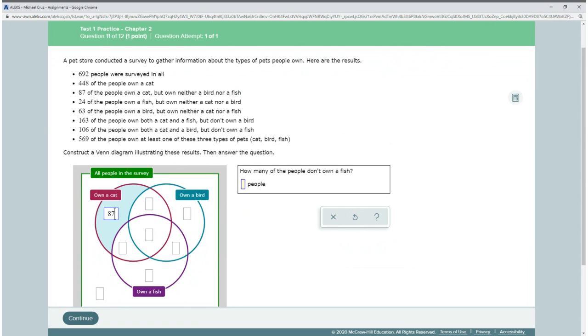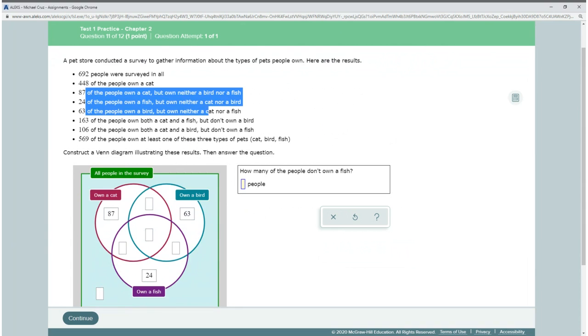If I was doing it on the board, I would just strike a line through that because we already used that. 24 of the people own a fish, but own neither a cat nor a bird. So in other words, 24 people got a fish. So this is probably the next one we want to use. 63 of the people own a bird, but own neither a cat nor a fish. All right. So all of these are gone.